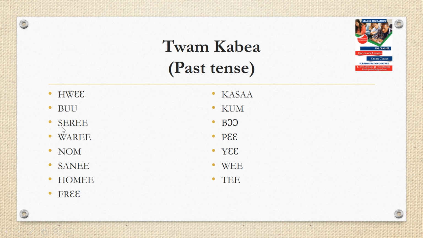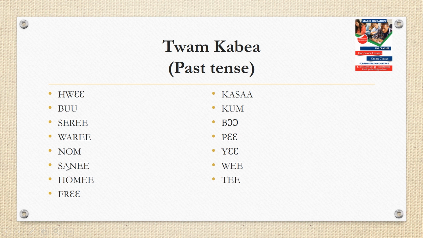Sre becomes sree. Ware becomes waree. Then nom becomes nom. So we repeat just as it is. But in the sentence form, you would see the difference. But with the verb, we repeat it just as it is.